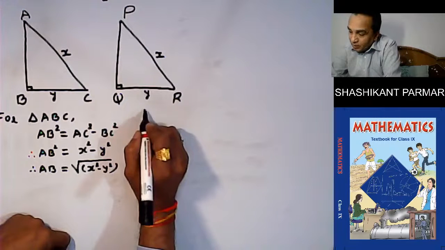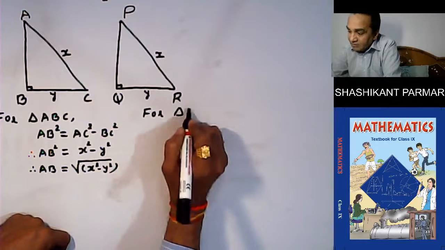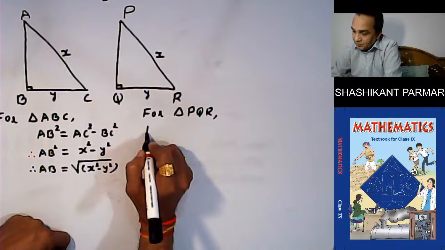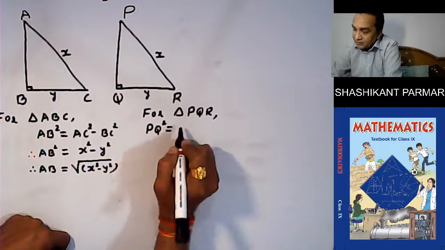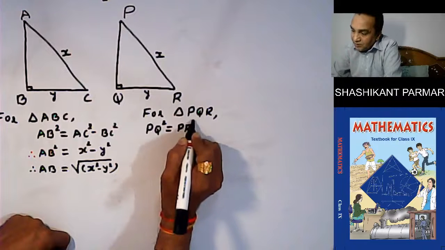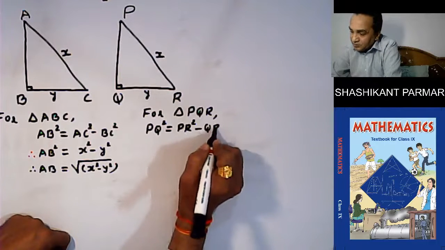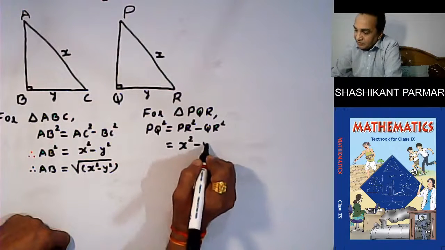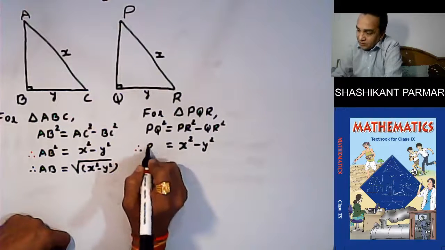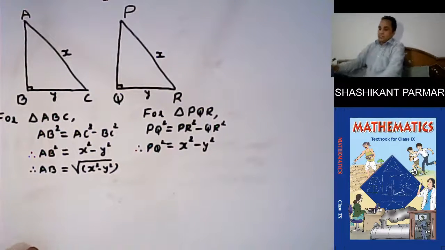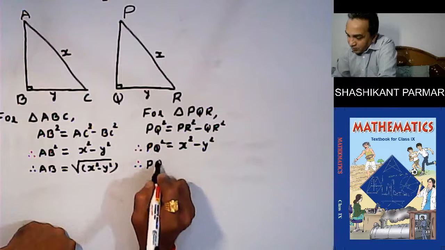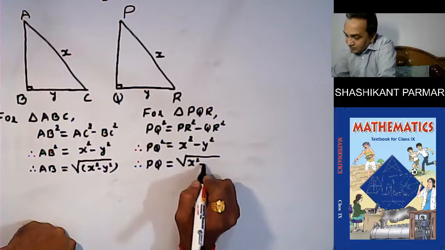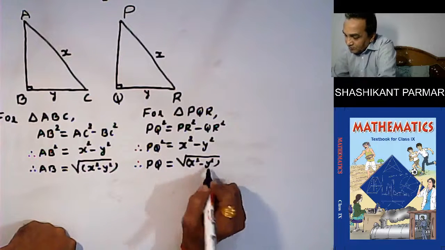Now for triangle PQR, PQ square is equal to PR square minus QR square. PR square is x square, QR square is y square. So PQ square is equal to x square minus y square. Therefore PQ is equal to root of x square minus y square.